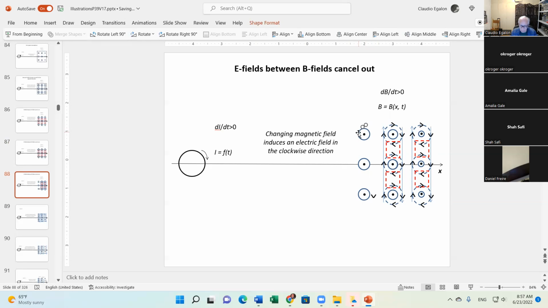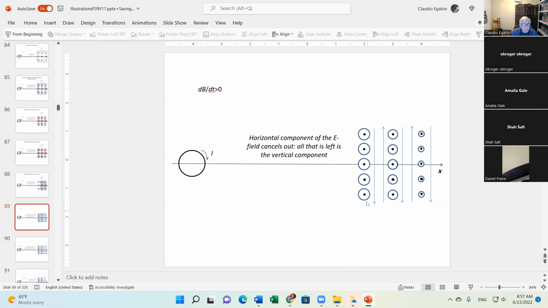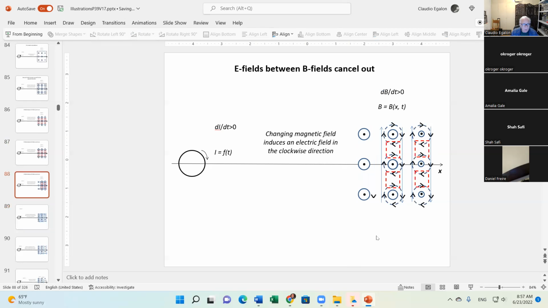Electric field. Let me see what's going on here. Yeah, I missed this one here. Okay, let's copy that again.